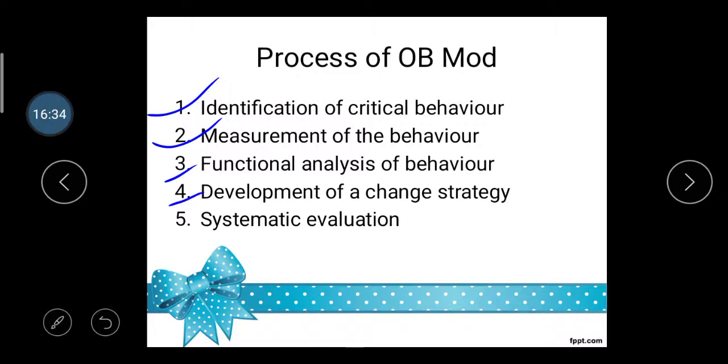Then the fourth step is the development of a changing strategy. Under this step, modification of the critical behavior is considered. Management should adopt intervention strategies so that critical behavior is managed and exchanged for desirable behavior.